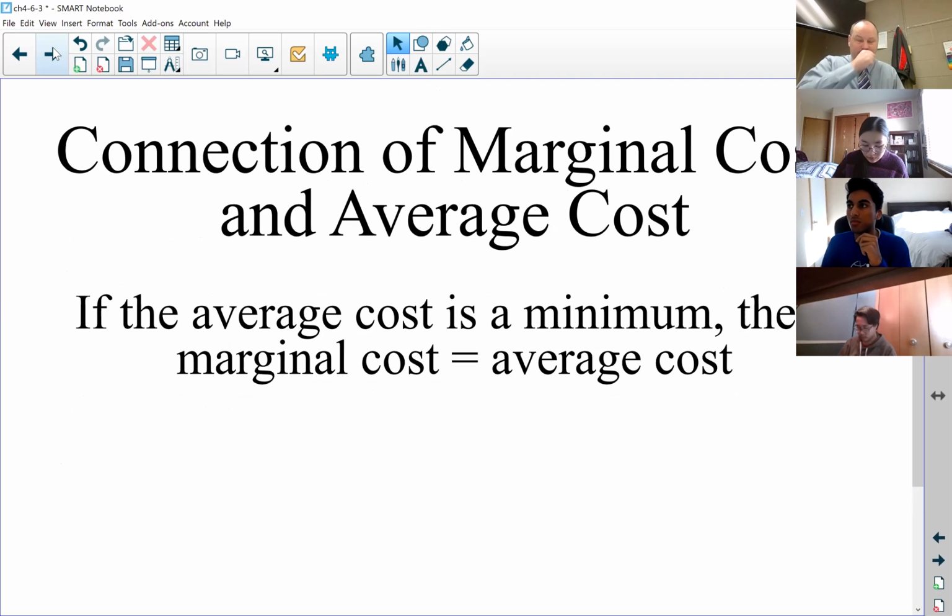So there is definitely a connection between marginal cost and average cost. And that is, if average cost is at a minimum, then your marginal cost and your average cost will be the same.